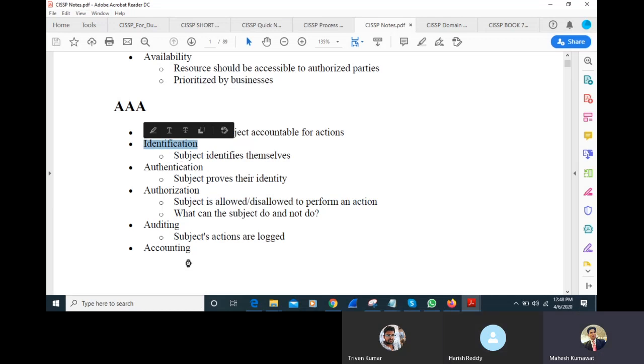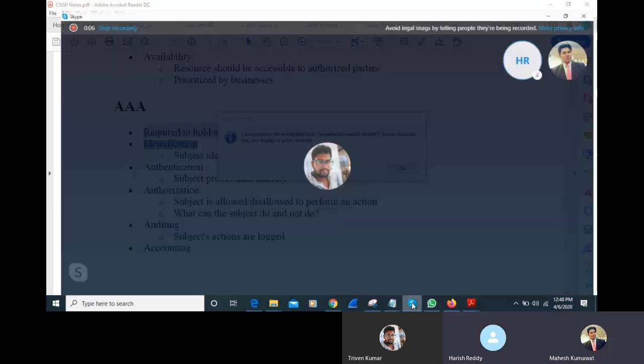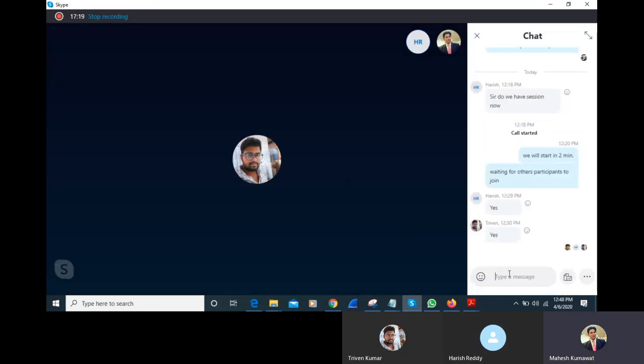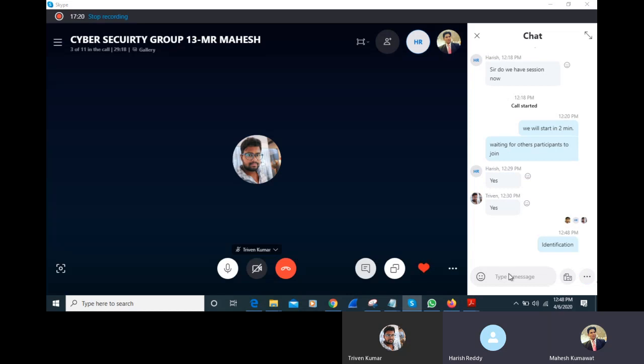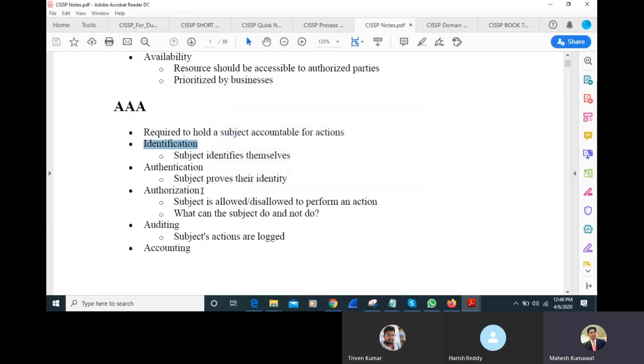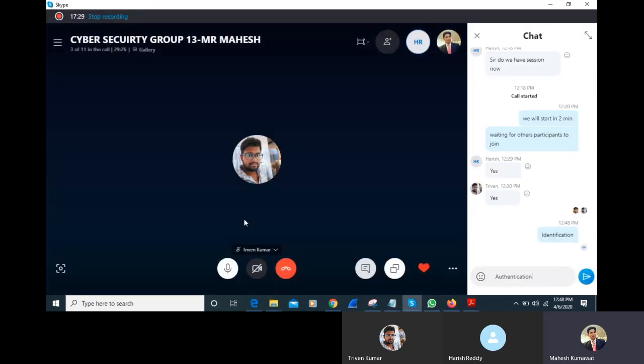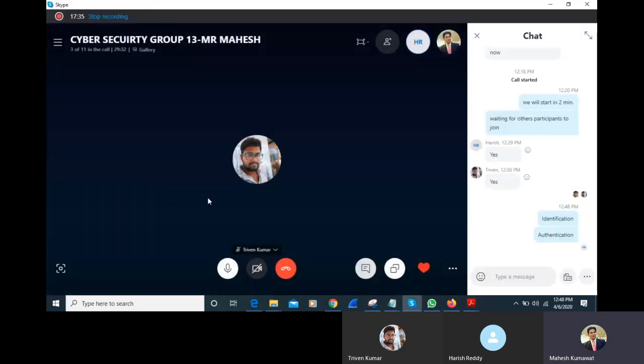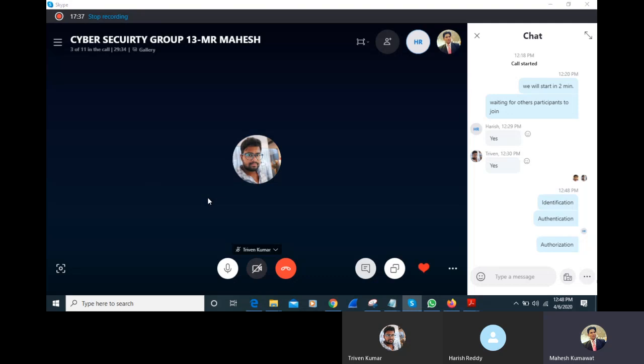Any confusion in this? No, sir. These are very basic things you need to understand: identification, authentication and the protocols used, and authorization, what type of access you have and what to do and not do.